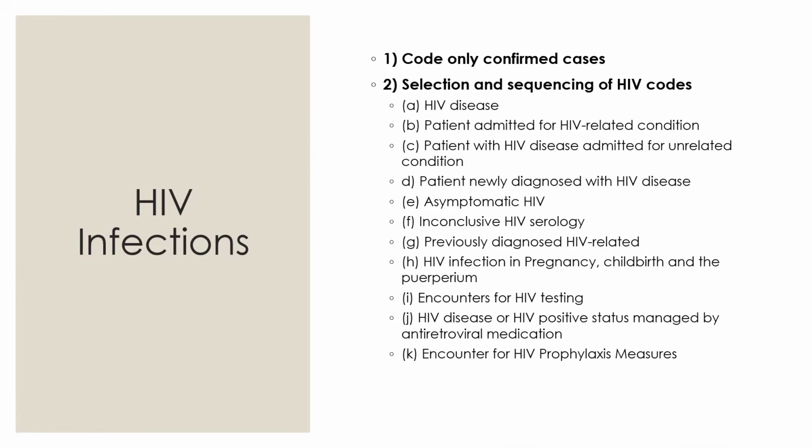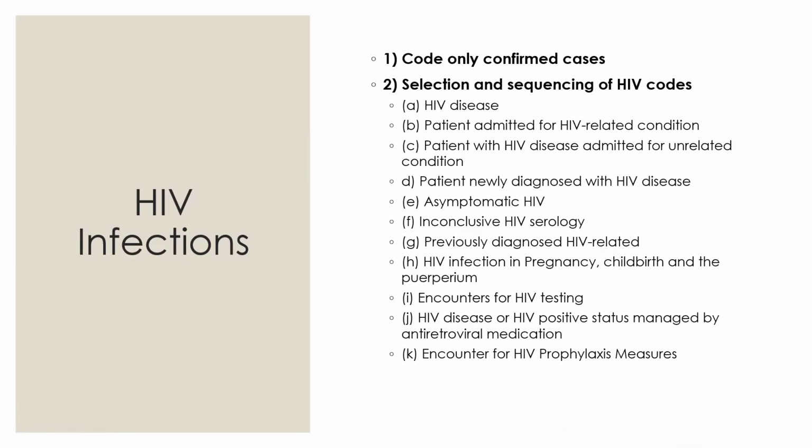For asymptomatic HIV positive or HIV test positive, you'll use Z21 for asymptomatic HIV infection status. When there is inconclusive HIV serology, we want to make sure we use R75 for inconclusive laboratory evidence of HIV.